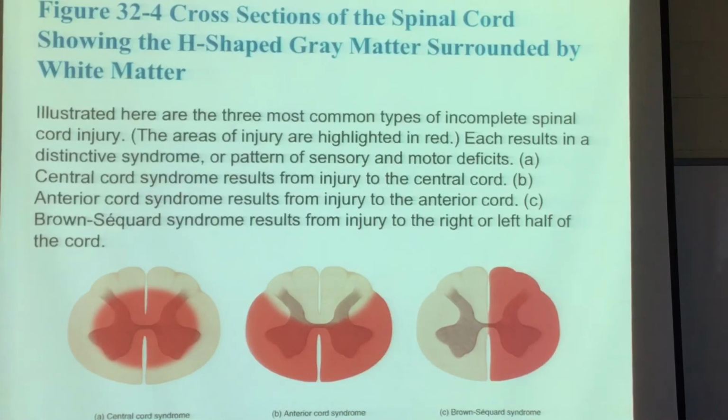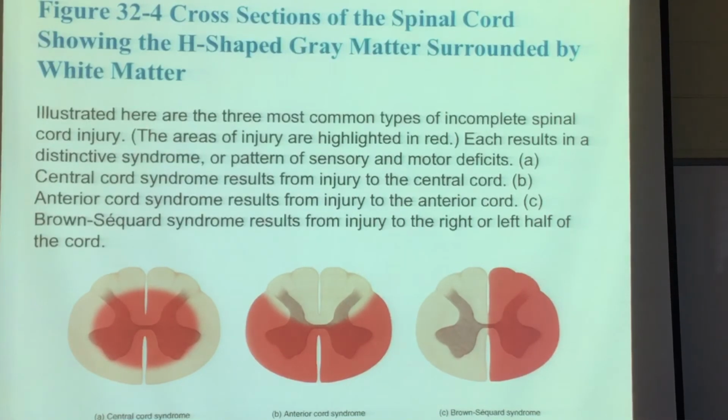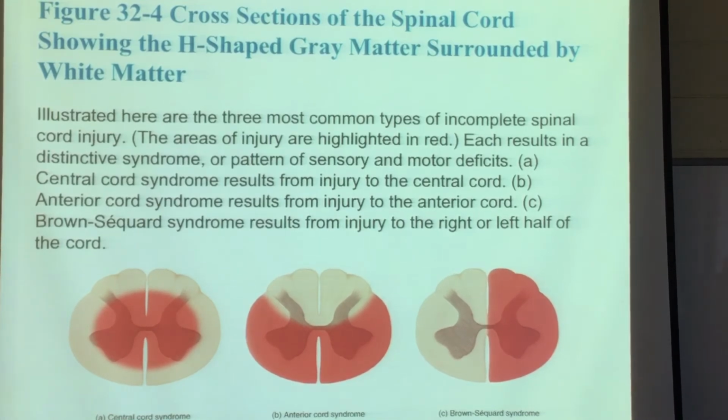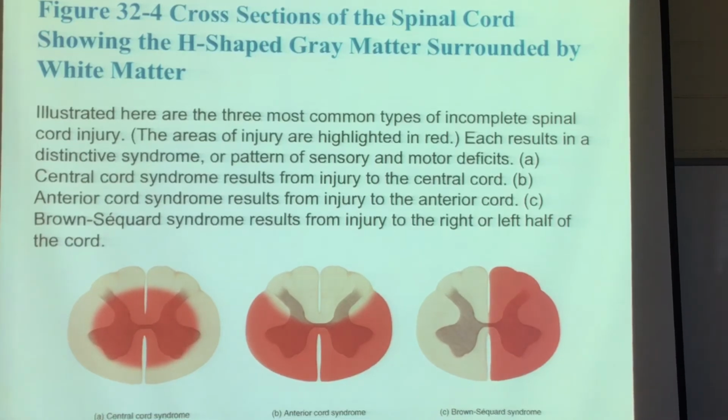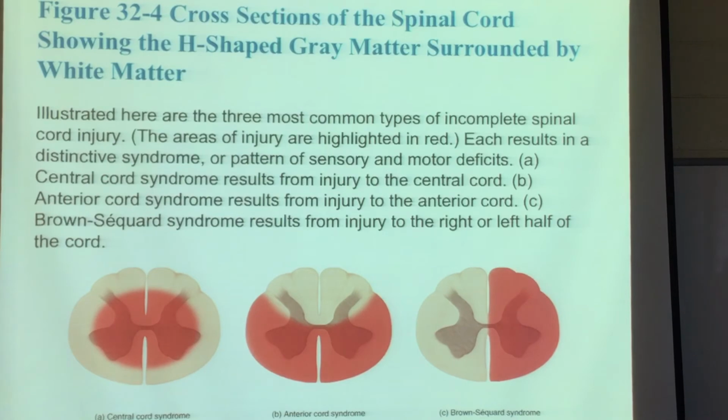As a result, you can have a complete dissection of the spinal cord, which is not shown here, but it would be entirely red throughout this entire picture. A spinal cord injury can also manifest in other areas where the red indicates where it's injured.